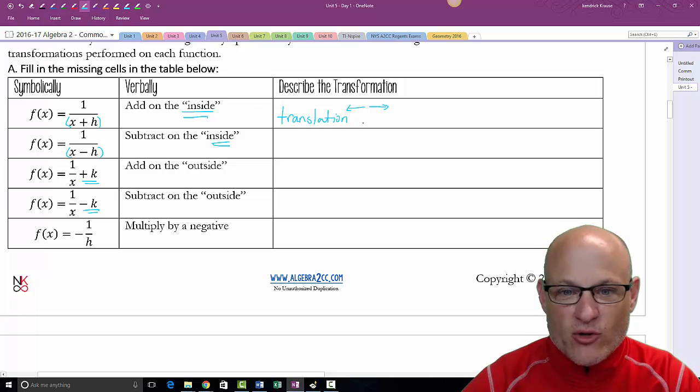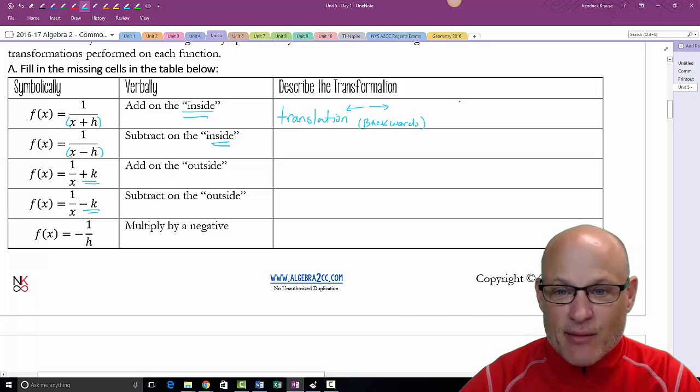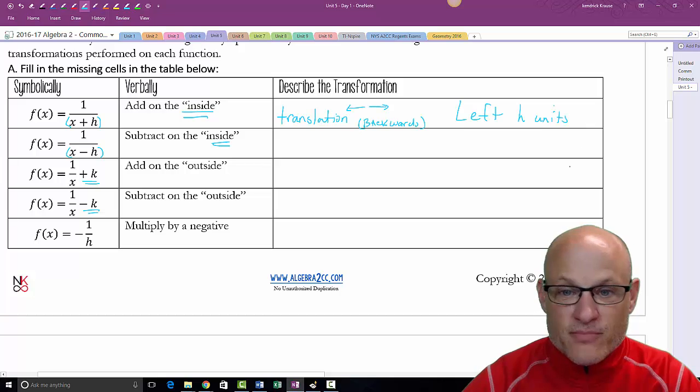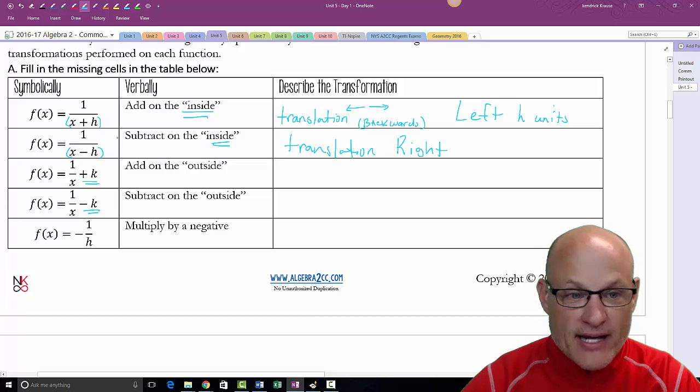Remember, this is always going to be backwards. So if I say positive and I'm on the inside, I mean I'm going to go left h units. If I'm on the inside here, I'm going to be a translation. Because now I'm subtracting, so now I'm going to go right h units.